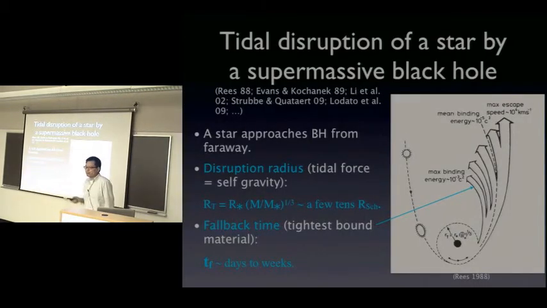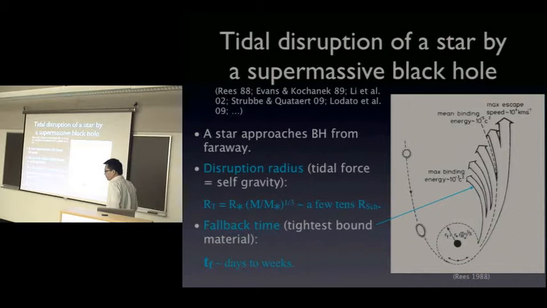Is there a supermassive black hole in the center of each non-active galaxy? So one possible way to tell about that is to study or detect the tidal disruption of a star by a supermassive black hole sitting at the center of a non-active galaxy.